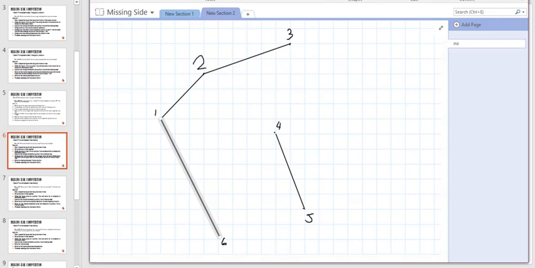So let's say 3 to 4 is unknown and 5 to 6 is unknown. So given ang mga bearing, distances are unknown.